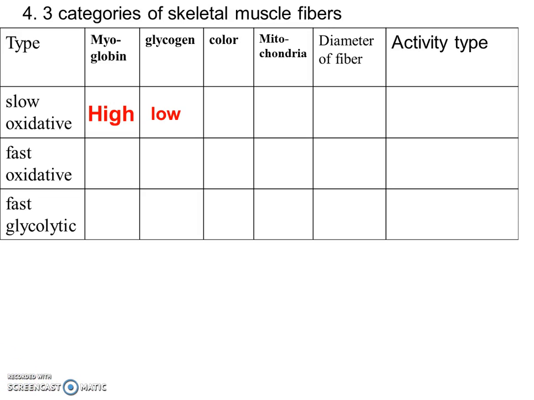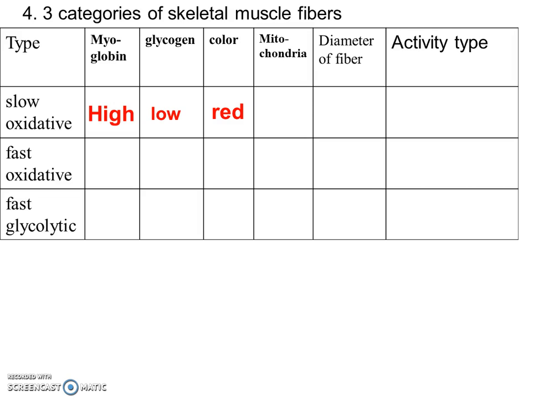I'm going to use oxygen to break down glucose into energy, so my glycogen stores are going to be low. Since I have to have a good blood supply to bring in new glucose because there's not a lot of glycogen stores there, I'm going to be very vascular, so I'm going to be red.